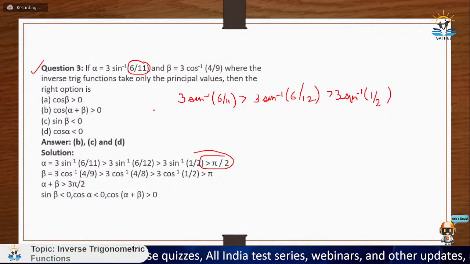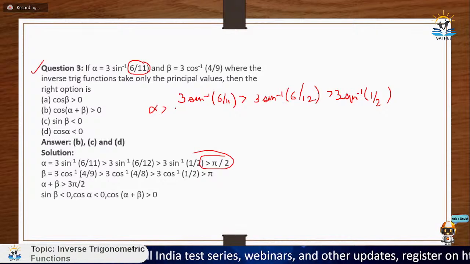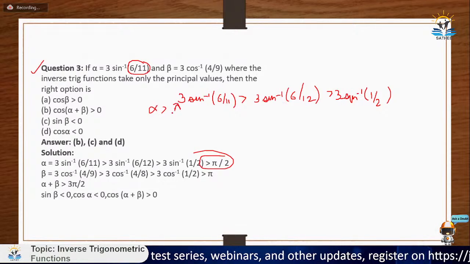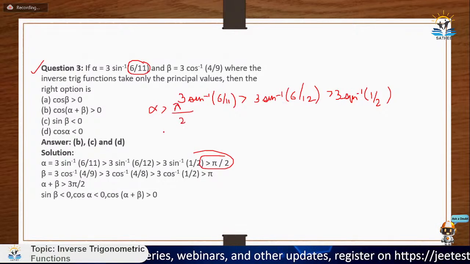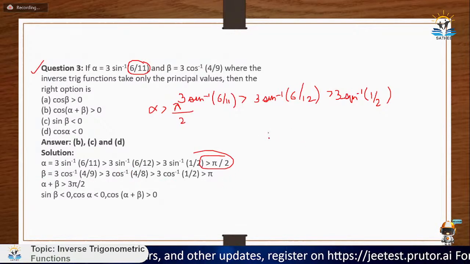Alpha is greater than pi by 2, which you are getting from here. Okay. Similarly, solving that one using 4 by 8, you will get beta greater than pi.